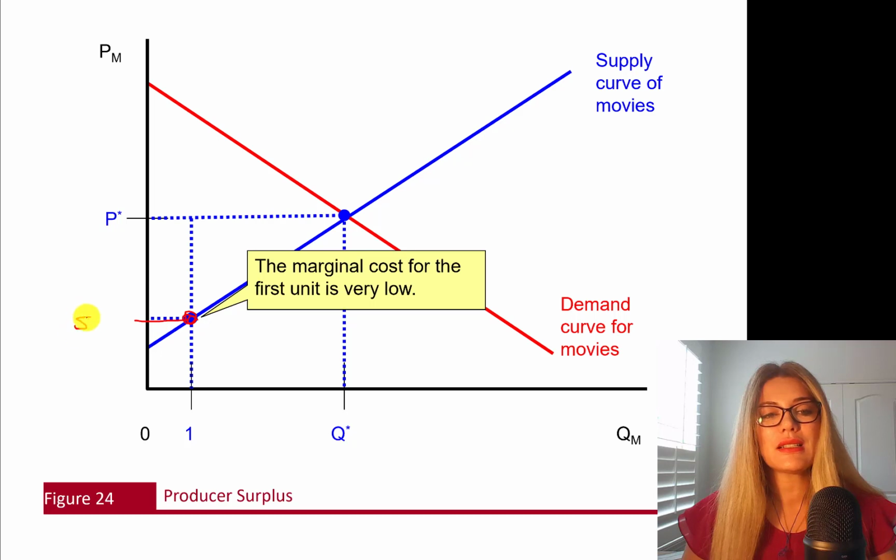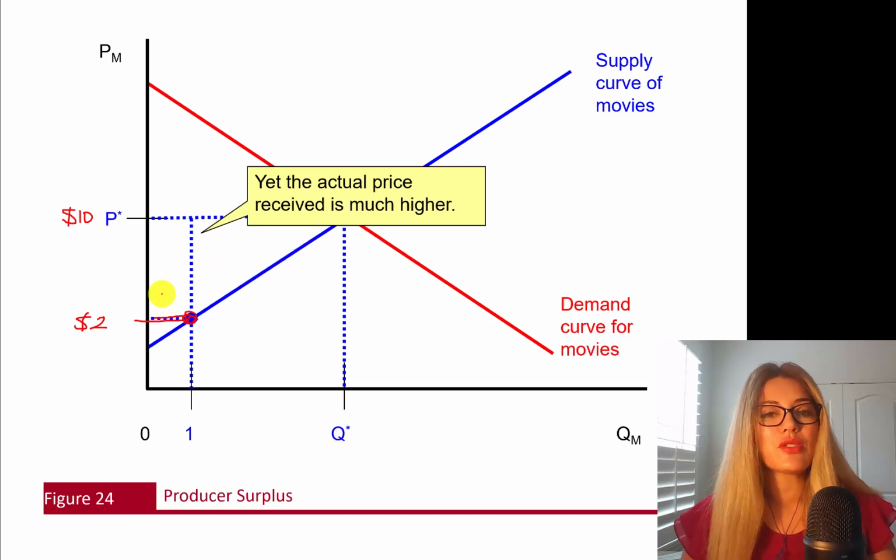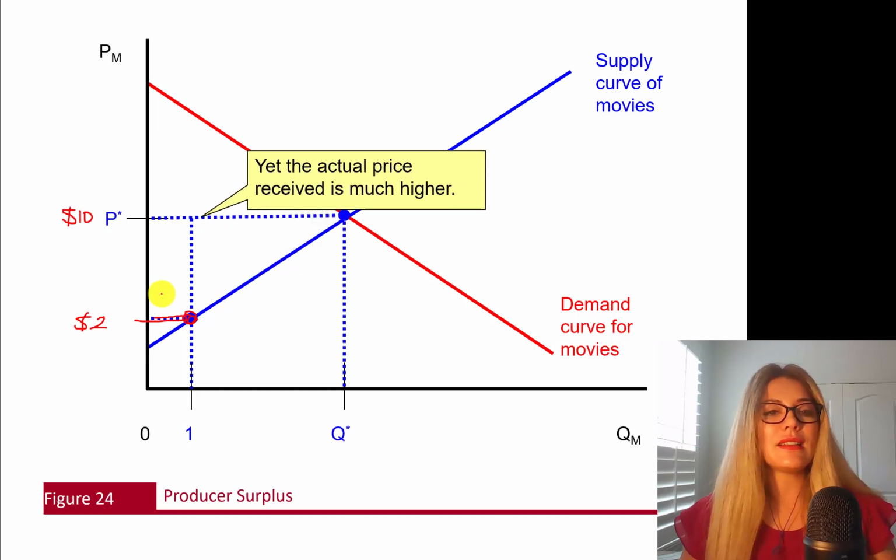So let's say this is burgers, and I'm selling it for $10. Let's say the cost of making the first burger is $2. So marginal cost is $2, and 10 minus 2, $8, is going to be my profit. So the actual price received is $10.